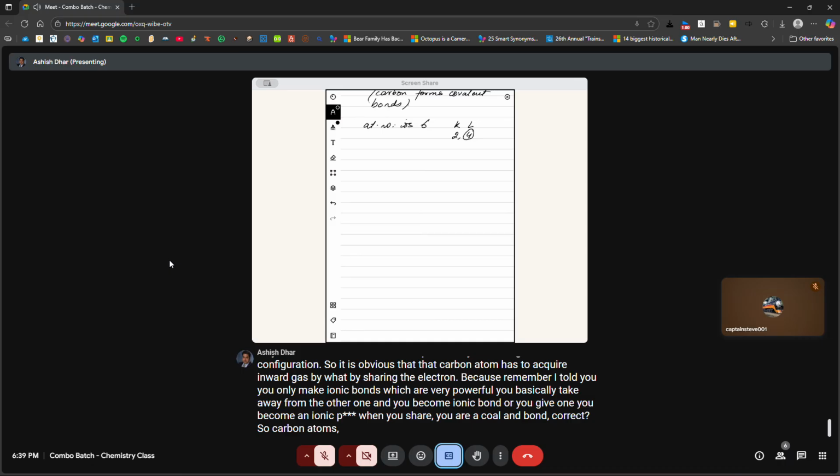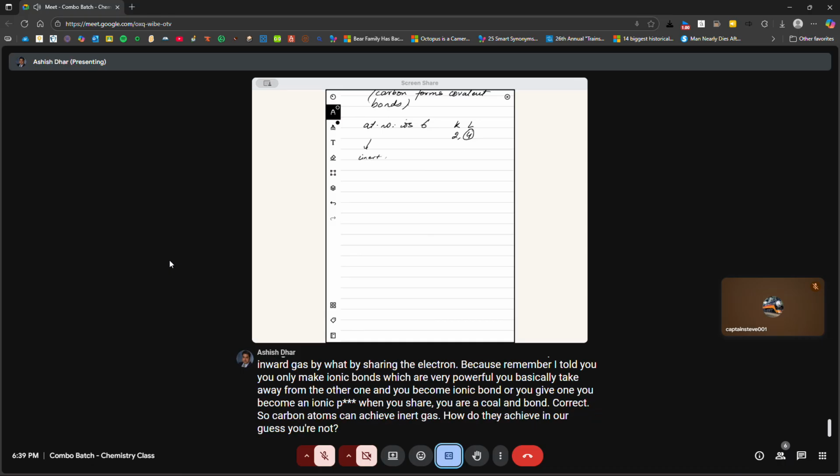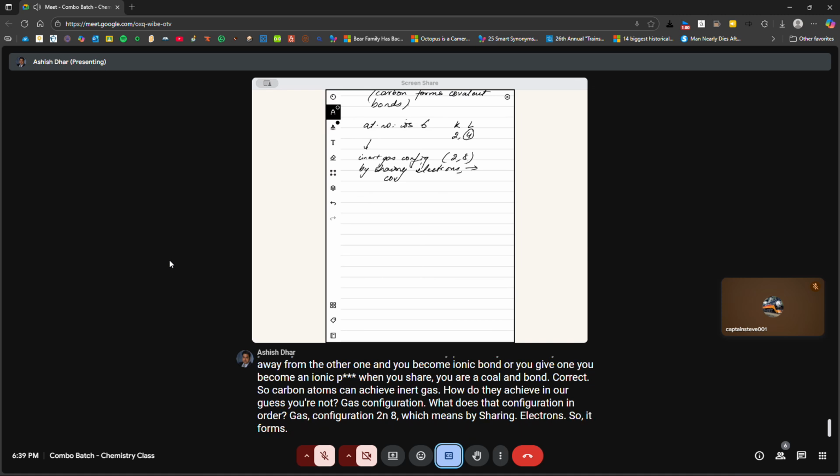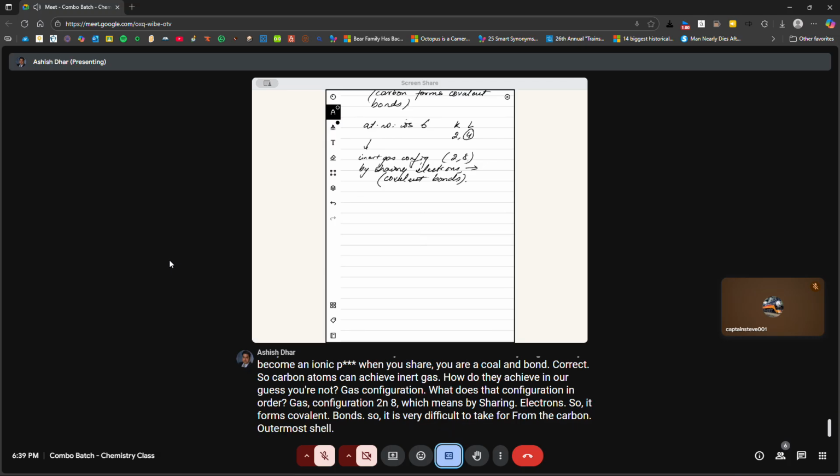So how do carbon atoms achieve the inert gas configuration, 2 and 8? By sharing electrons. So it forms covalent bonds.